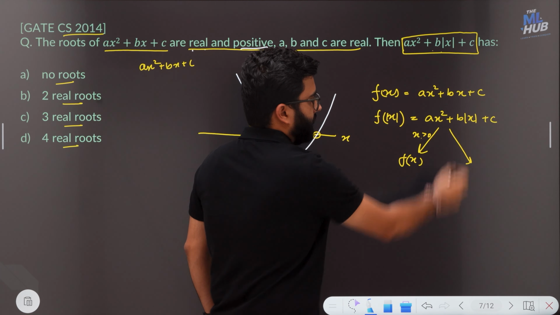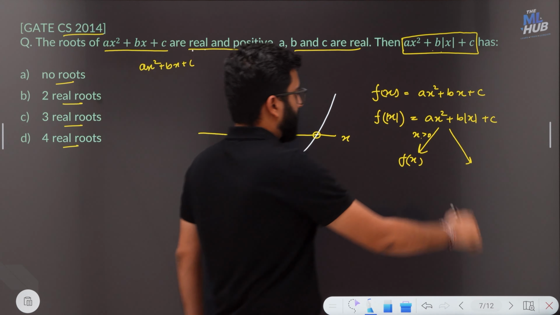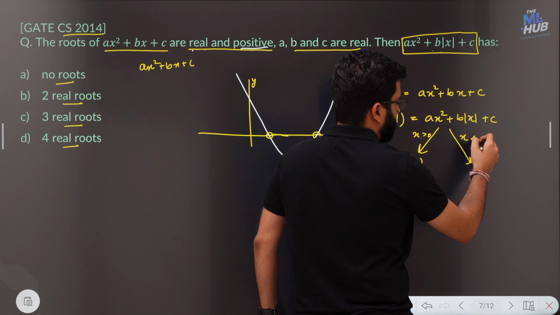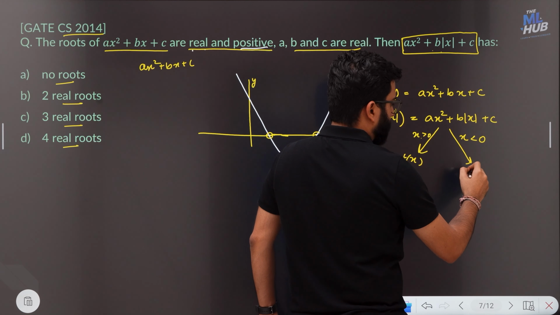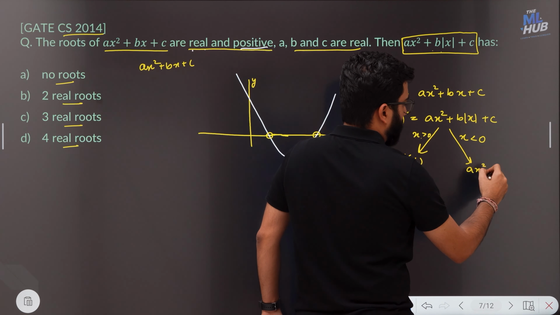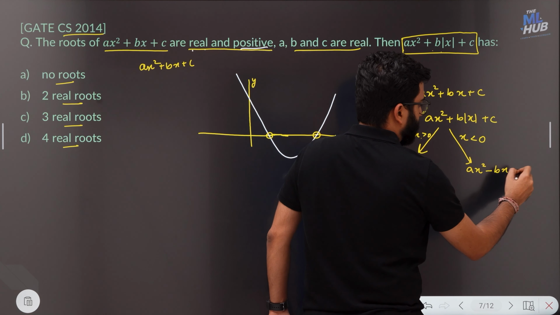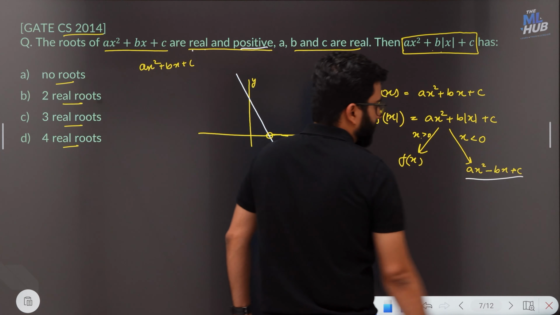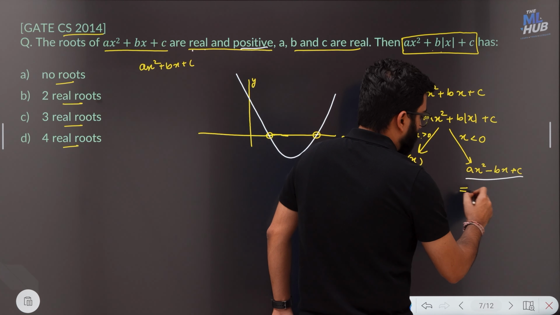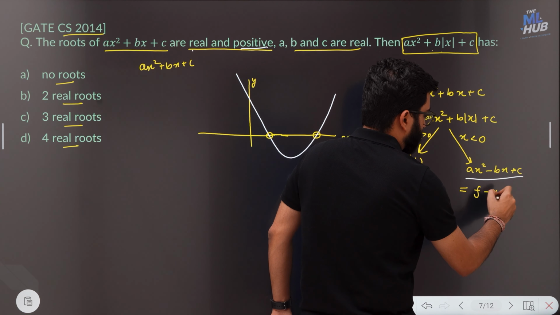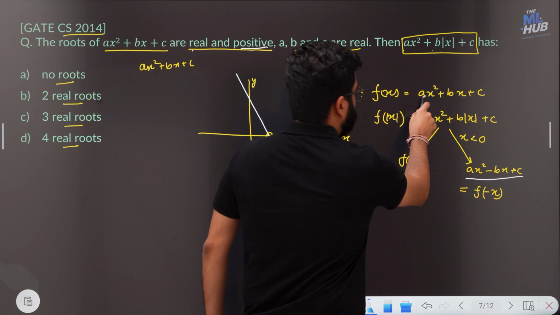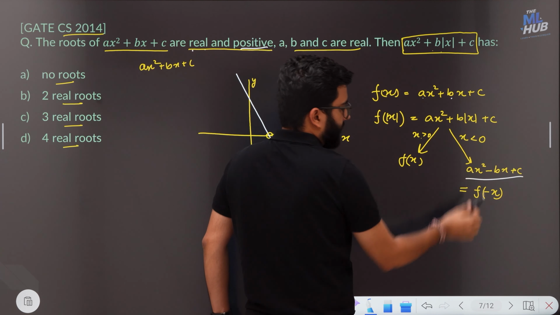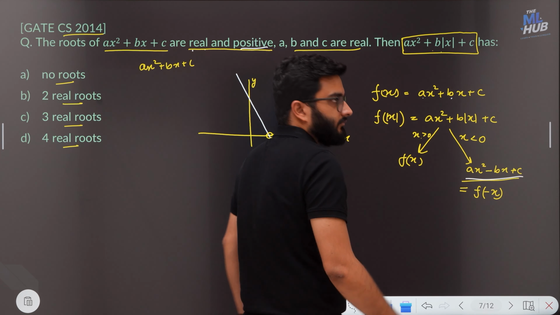If x is greater than 0, nothing will change. But if x is less than 0, then it will become ax square minus bx plus c. So if you closely see, this equation is equal to f of minus x. If fx is ax square plus bx plus c, f of minus x will be this.